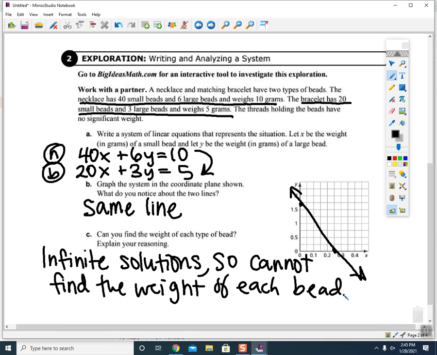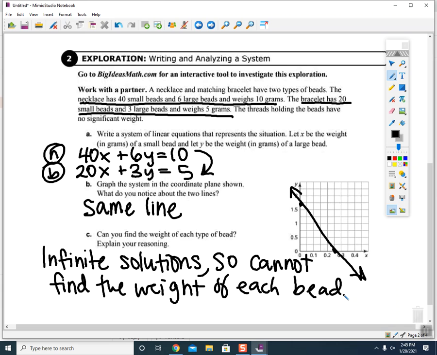So here's the thought process here. This maybe feels a little bit confusing because, well, Mrs. Olson, obviously we could weigh the beads individually and I would know what each bead weighed. And that is true, that's accurate. Mathematically speaking, with the information that we've been given, there is no way to figure out the weight of each bead. And if you think about this in terms of reality, it does make sense a little bit.